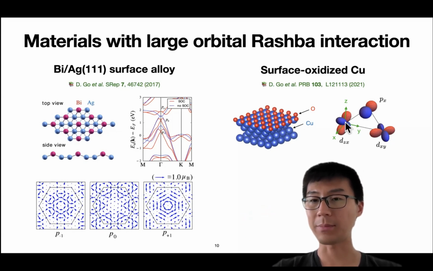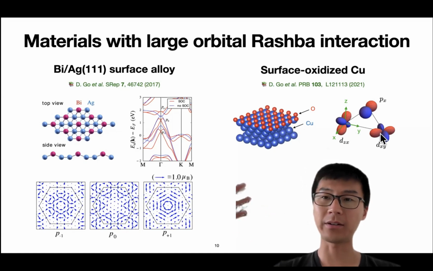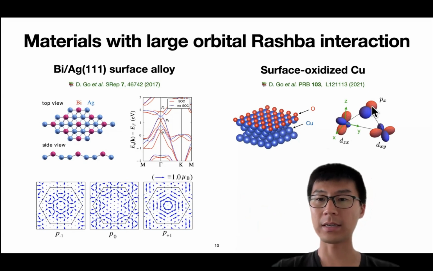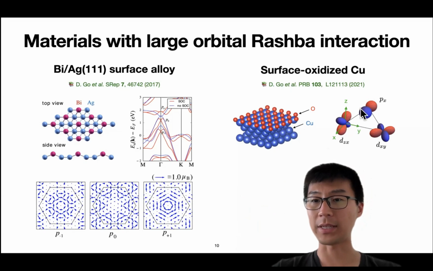So, imagine that there is no oxygen, then the d orbital hopping of copper atoms, let's say from zx to xy, is forbidden in the same manner as I explained before for p orbital systems. But if there is an oxygen, then the zx orbital can go to the px orbital of the oxygen, and it can then go to the xy orbital of the copper.